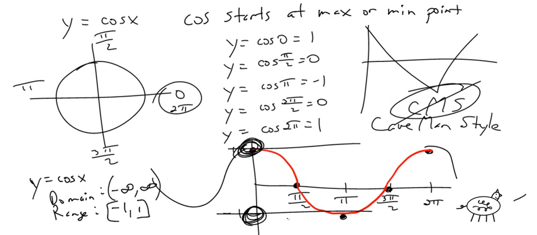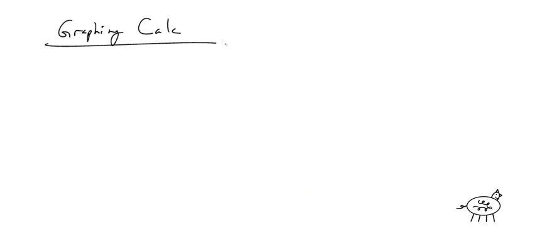So that's pretty much it for actually graphing these. The one thing I want to also mention is on your graphing calculator. It's really easy. Make sure your calculator is in radian mode though.